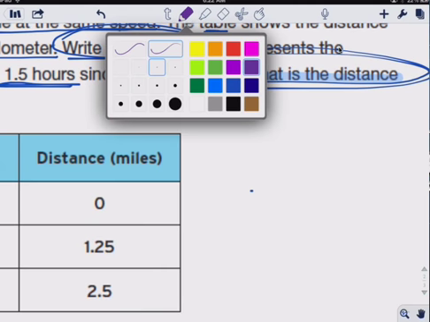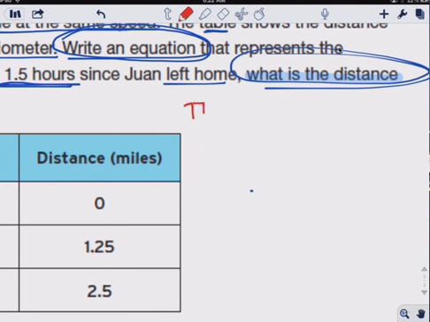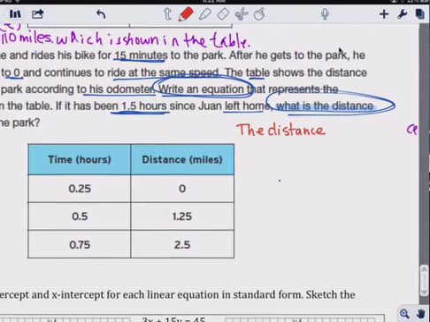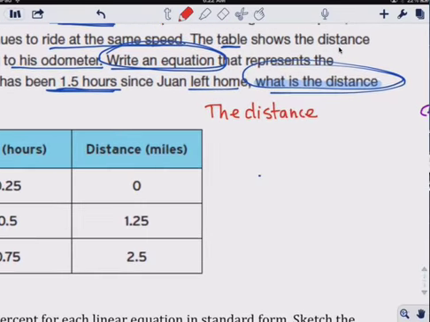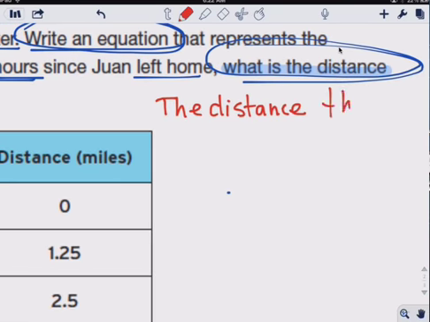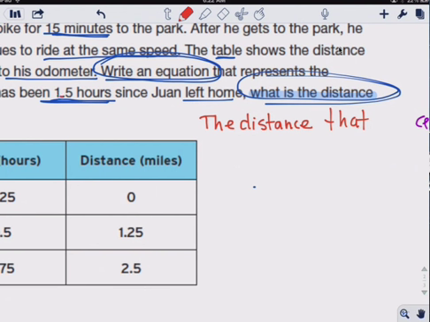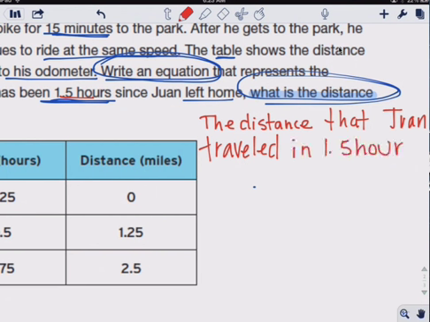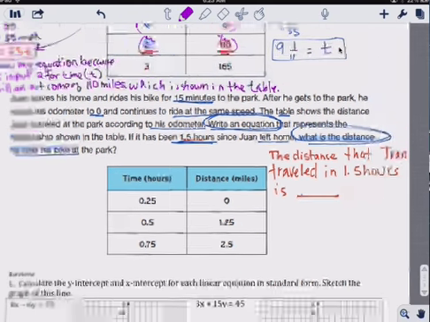The distance that Juan traveled in 1.5 hours is, okay, so we need to find our rate to make this formula work.